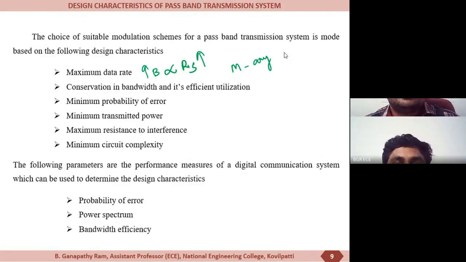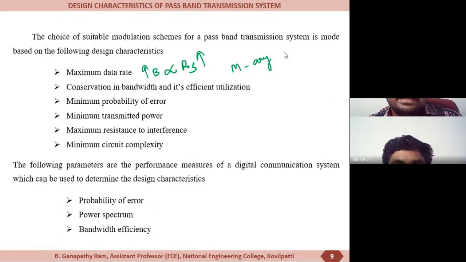This point is taken into consideration when bandwidth is a crucial consideration, where we need to accommodate more signals for more users. Then the bandwidth should be effectively utilized. In this case, we have to choose a proper M-ary scheme.